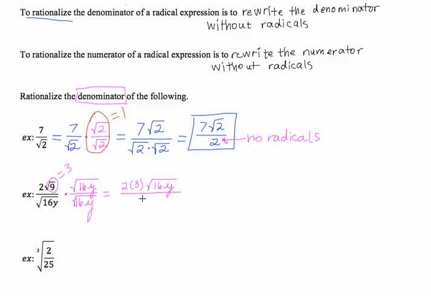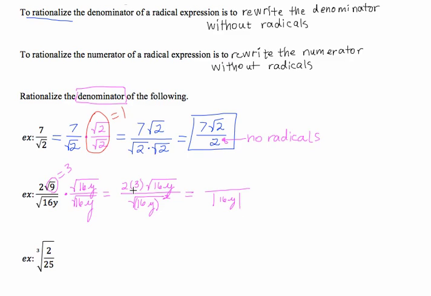So those radicals cancel. Let me write it out so you can see. That's really the same thing as radical 16y squared. The radical and the square cancel, but we are left with an absolute value because 2 is even. So in the denominator we have the absolute value of 16y.